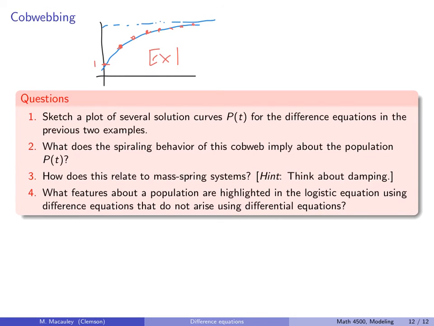In example 2, where we had that spiraling business, if we started out with an initial population of maybe 1, then P1 got bigger, P2 got bigger, but then P3 got a little smaller, P4, P5, and it's going to eventually level off, but it definitely has some oscillatory behavior. So it's something like this.